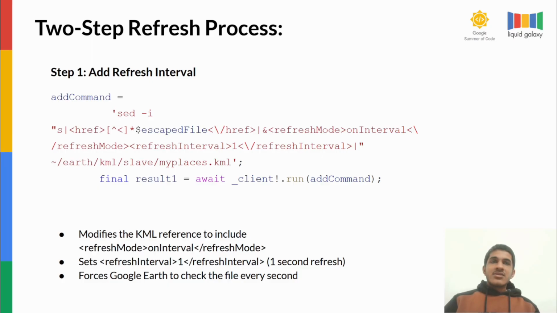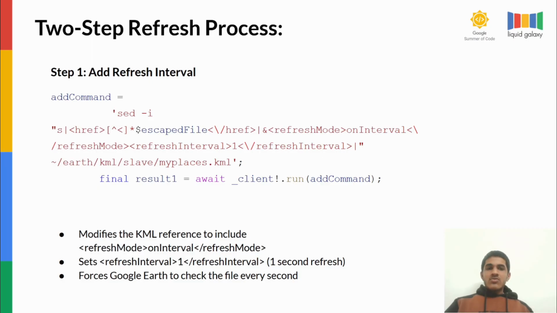As you know, in HTML there is a concept of containers. You may have heard about the div container. It is the same thing here. So you add a refresh mode container and a refresh interval container, and then you force Google Earth to check the file every second. So this was the basic of step one.